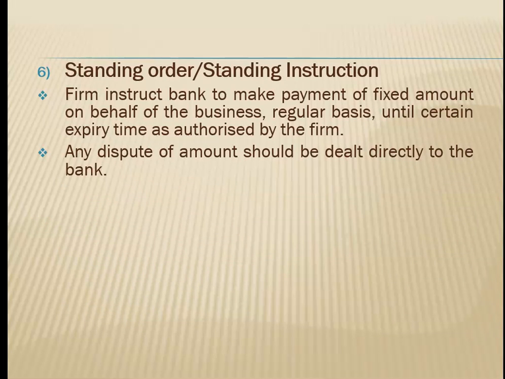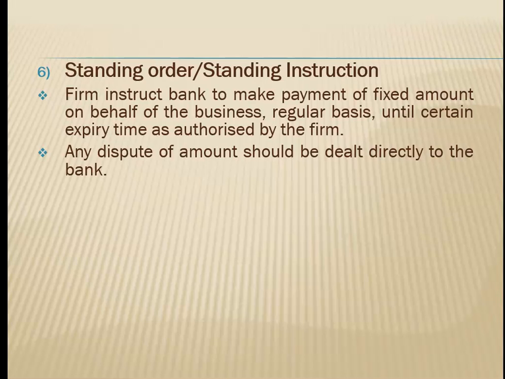Another reason is a standing order, or in Malaysia we call it standing instructions, where we instruct the bank to make a payment, usually a fixed amount, on our behalf. We can fix the expiry time, meaning when we should stop these standing instructions.